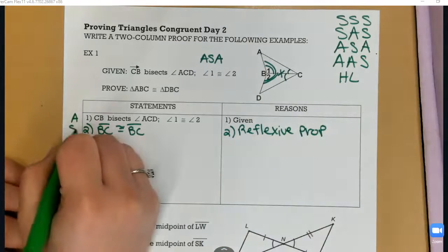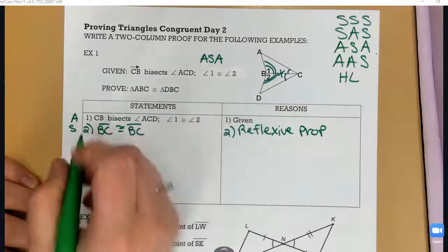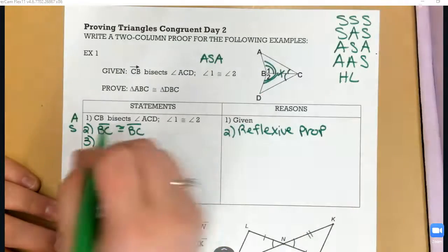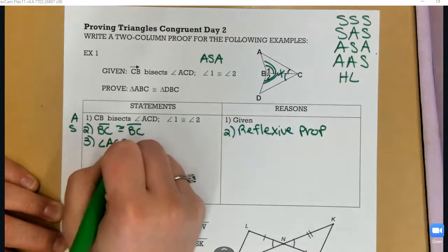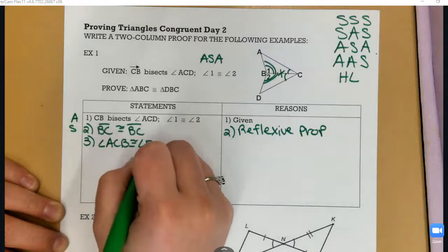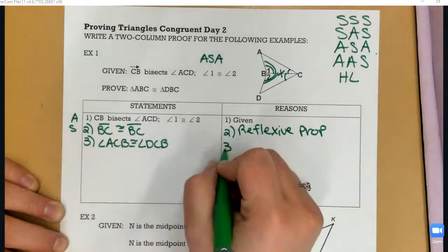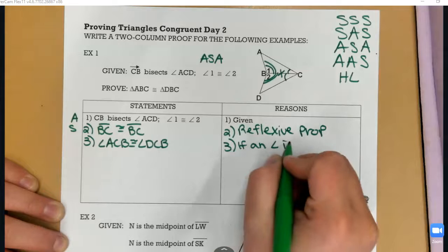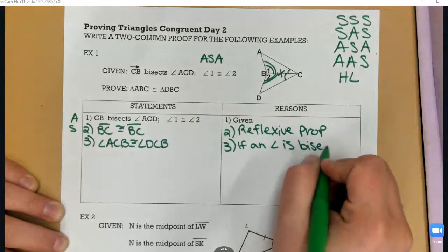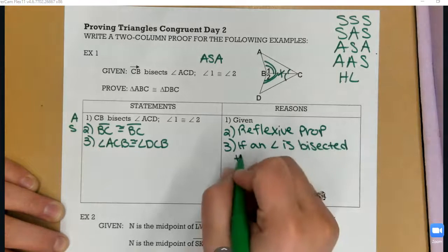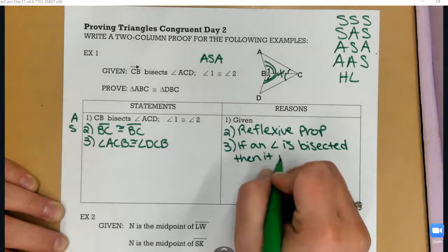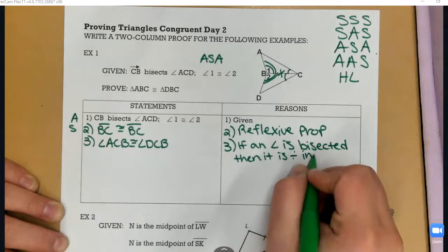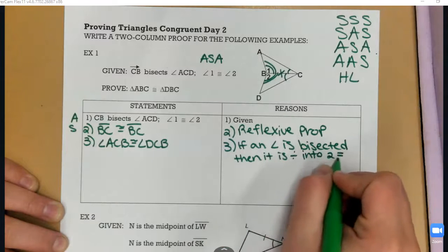So there's my side. And then I still need to prove my other set of angles, and that was coming from angle ACB being congruent to angle DCB because I have that bisected angle. So my reason is if an angle is bisected, then it is divided into two congruent angles.